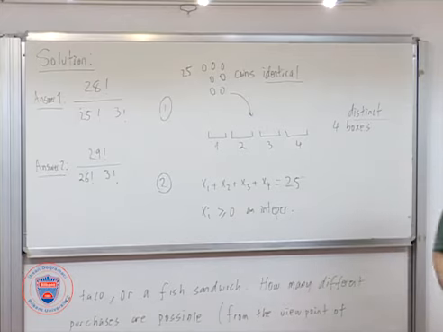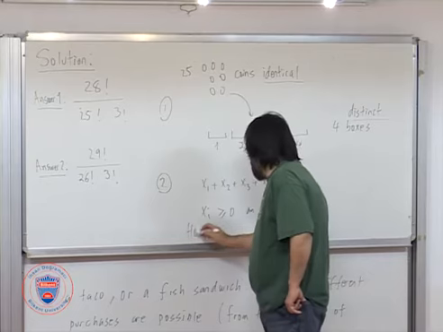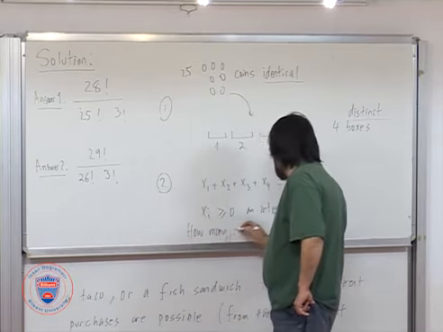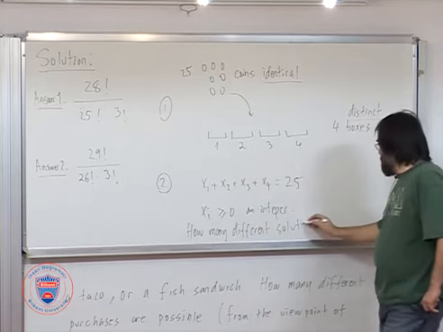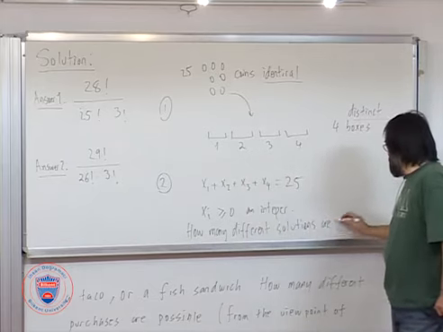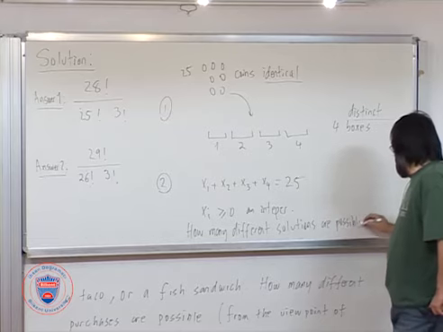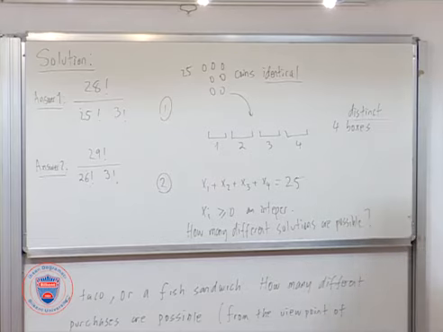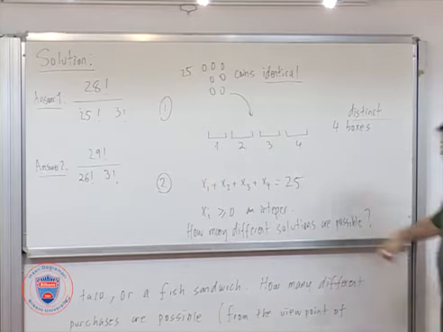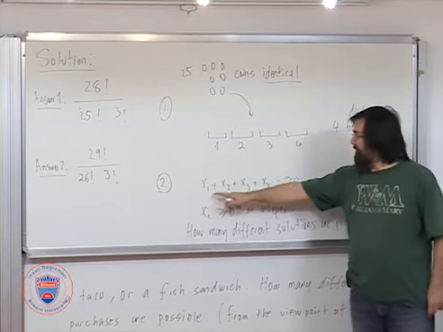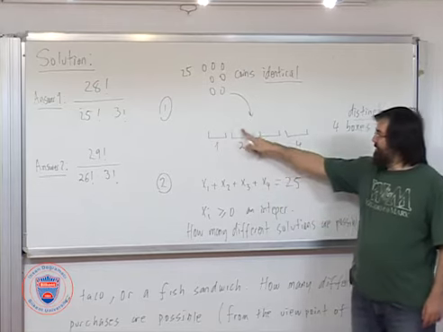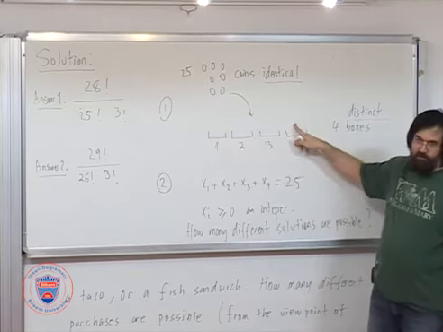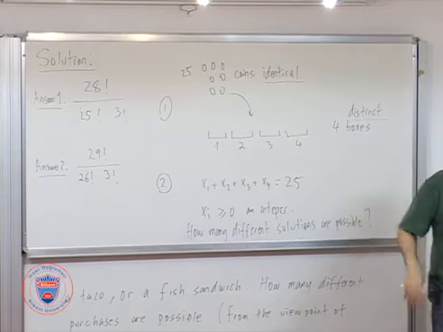How many different solutions are possible? That's the exact same problem, right? If you have a solution like 5, 10, 10, 0, that means you put 5 coins here, 10 coins here, 10 coins here, no coins here. So none is a possibility.